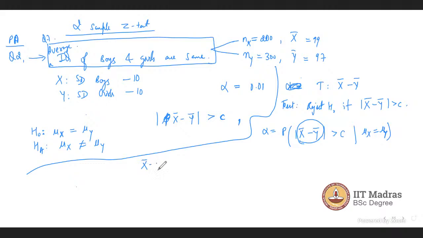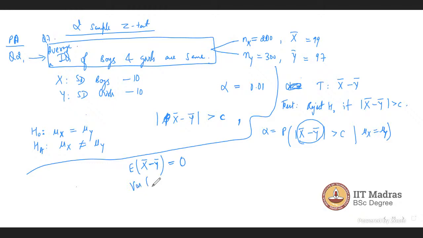So how will you find the expectation? In order to normalize X bar minus Y bar, you will find the expectation of X bar minus the expectation of Y bar, which is mu1 minus mu2. So it becomes 0, because both are equal given the null is true.